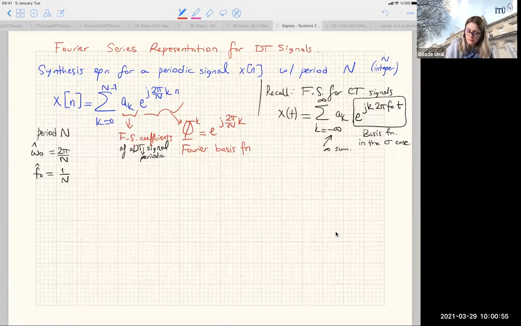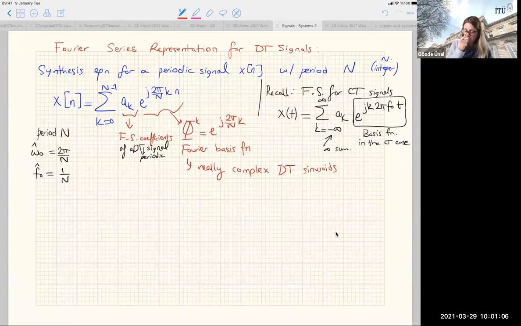These are really complex discrete time sinusoids. And remember Euler's formula. With Euler's formula, I can really write it as a cosine plus sine, which is the same thing.